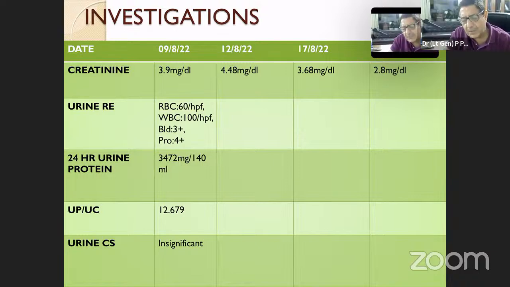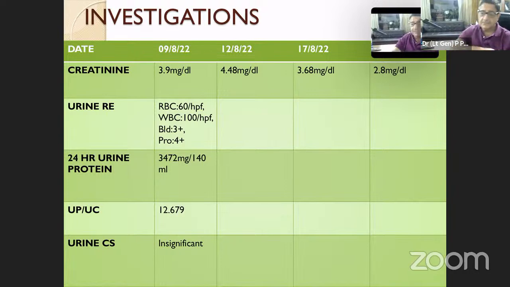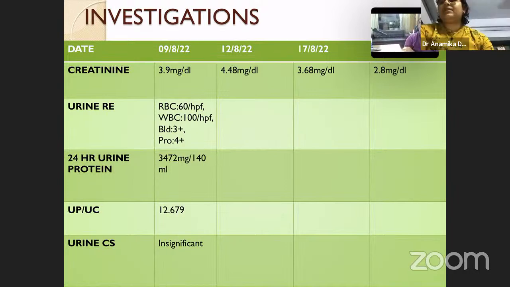Second question from the audience is that you said the patient had a 24-hour urinary protein of 3.5 gram, 3472 milligram per 140 ml. The urine output is only 140 ml. How do you interpret this? Since the urine output was so low, we interpreted it using the urine protein by creatinine ratio at that point of time.